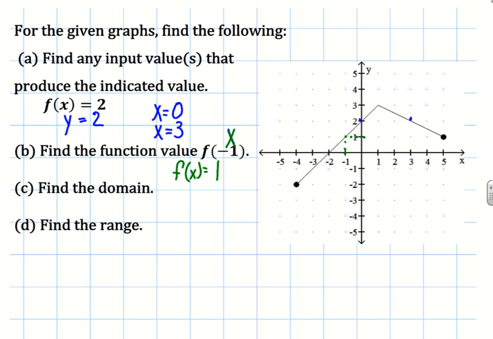Looking at the domain on the x-axis, we're going from negative 4 all the way across to 5. Also, did you notice that we have the colored dots? So that means that it's inclusive. So we have negative 4 to 5 with brackets.